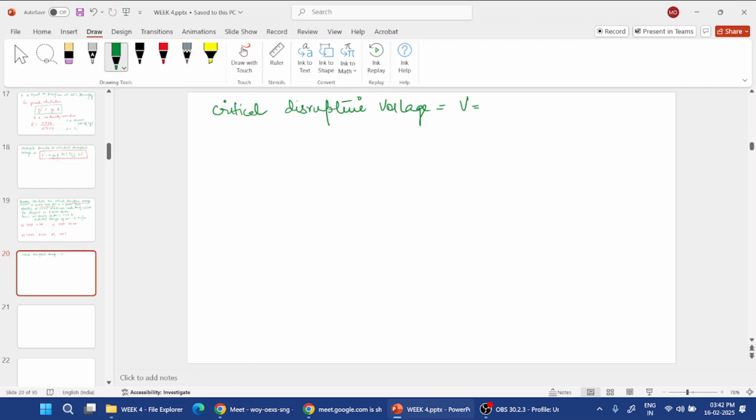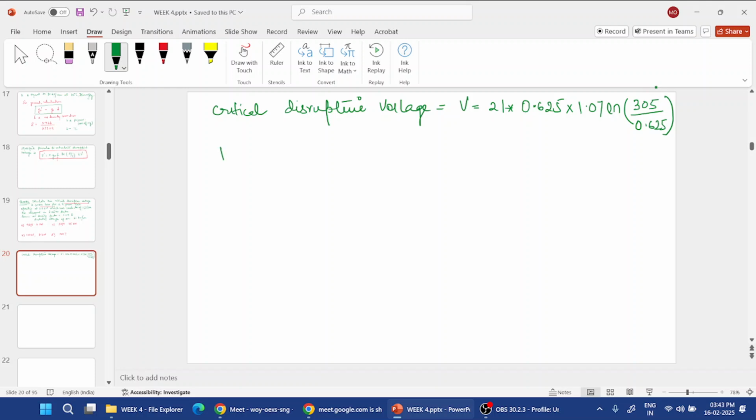V is equal to, here I am writing the dielectric strength is 21, and the radius of the conductor is 0.625, which is 1.25 divided by 2, into delta which is 1.07 into log d by r. In centimeter, 3.05 meter will become 305 centimeter divided by r.